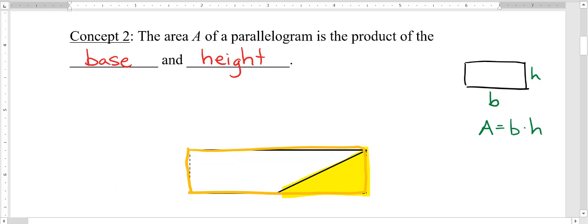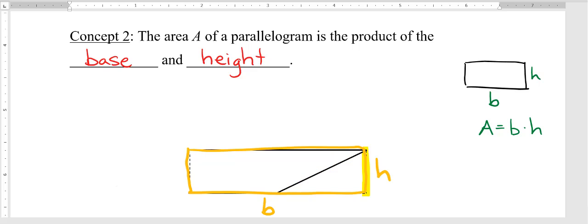The area of that rectangle is going to be its base times its height. All right, now I'm going to undo that yellow part and put it back over here. So now this is gone, and I've put it back over here.